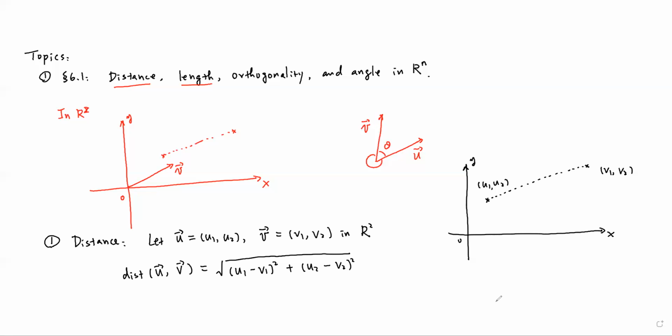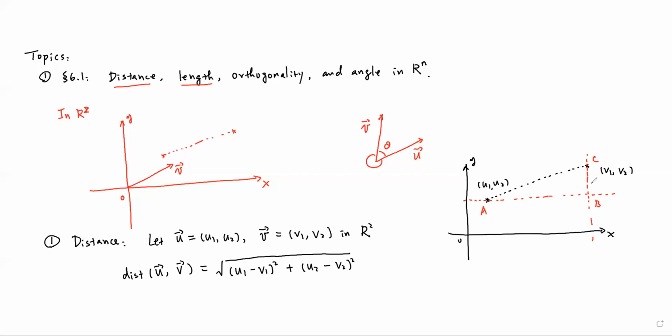Let me draw a right triangle. Through this point, let me draw a line parallel to the x-axis, and through this point, draw a line parallel to the y-axis. Then we have a triangle: A, this point, B, this point, C, this point. The length of AB, from A to B, what is it?